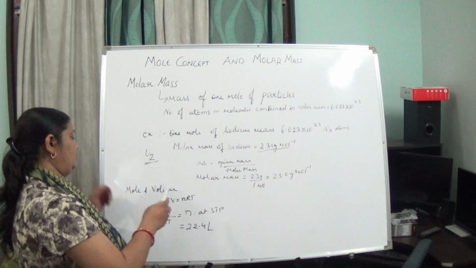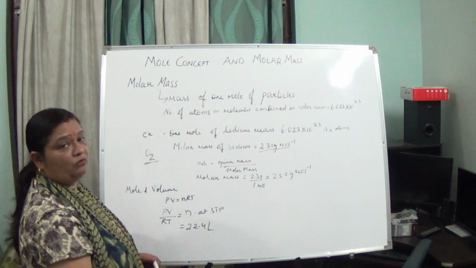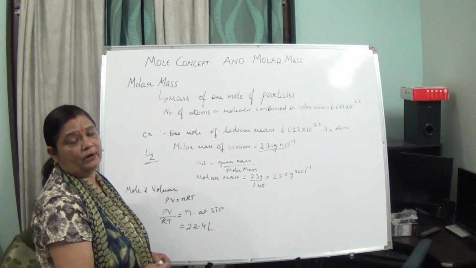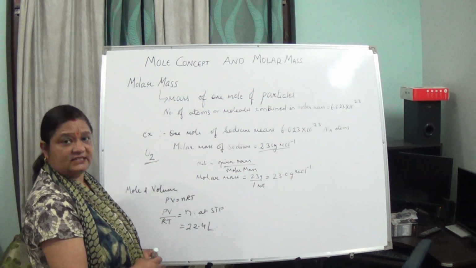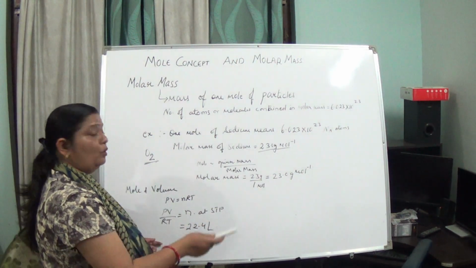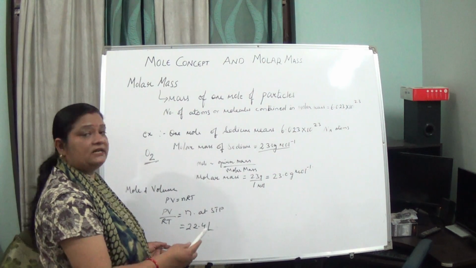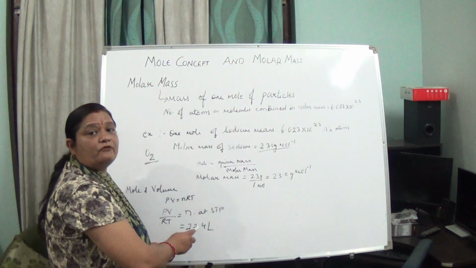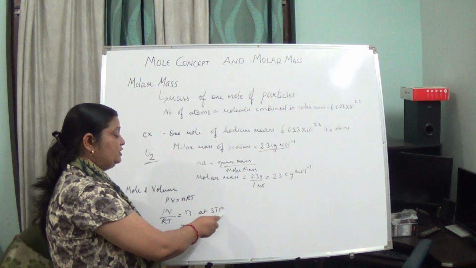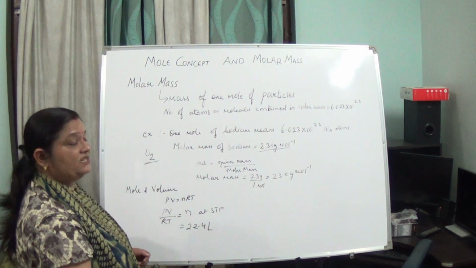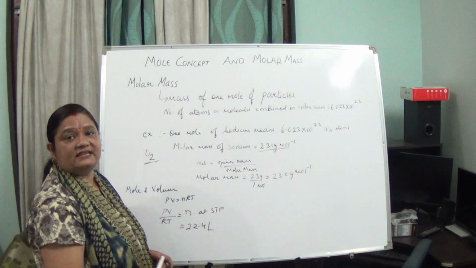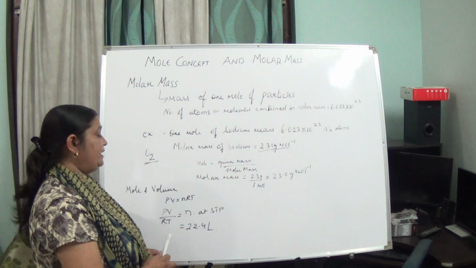So if we see how it is related, equal volumes of all gases at STP consist of an equal number of molecules. 1 mole of any gaseous substance will consist of 22.4 liters at STP. STP is standard temperature and pressure. Temperature is 273 Kelvin, and pressure is 760 mm of Hg.